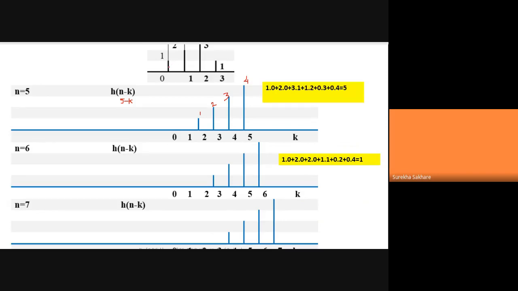No sample at 0. 1 into 0, 0. Then 2 into 0, 0. Here also there is nothing. At 2 I have one sample. 3 into 1. At this 3 I have a 1 sample. I have a 2 here. And there is no overlapping. So I have only 2 signals. 3 plus 2 is 5.